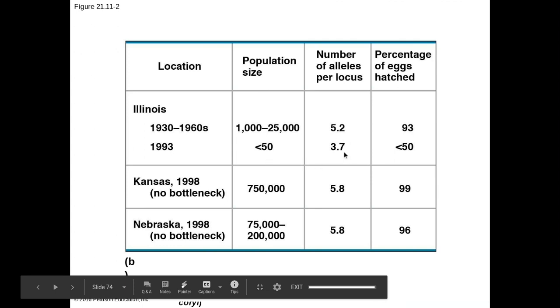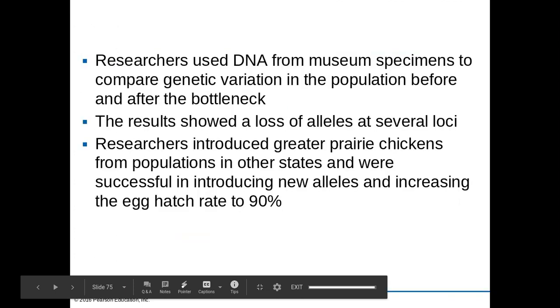This created far fewer alleles per gene locus and resulted in very few of their eggs hatching, less than 50%. But where we had no bottleneck, these prairie chickens continued to thrive, survive and reproduce because they still maintained a large set of genetic variation.